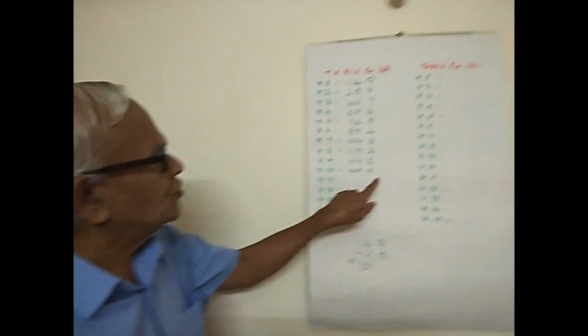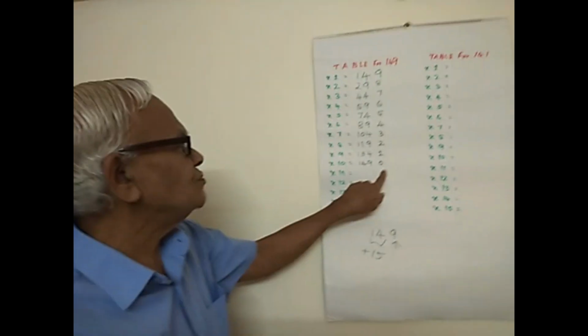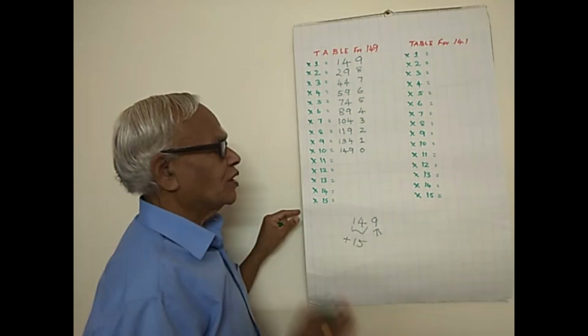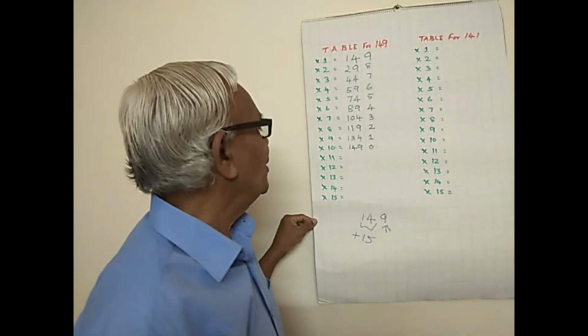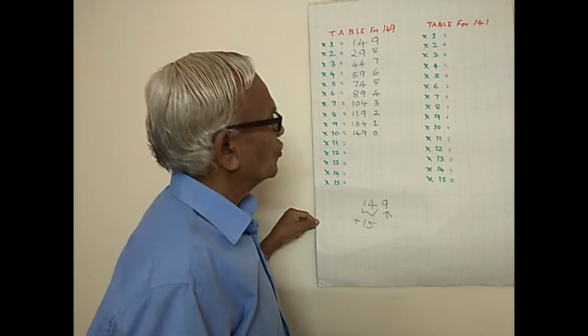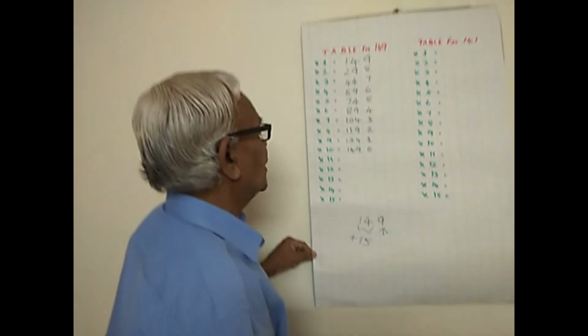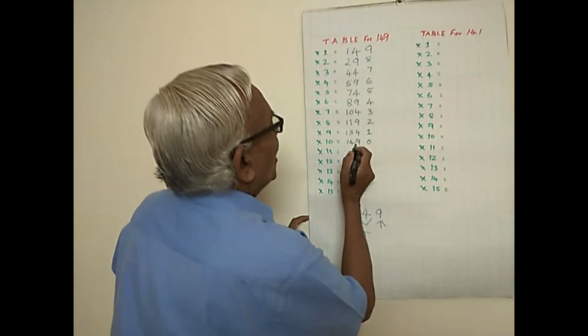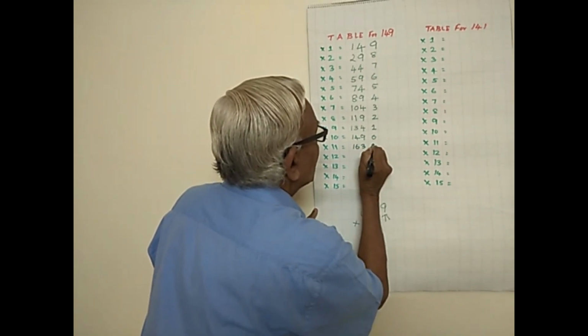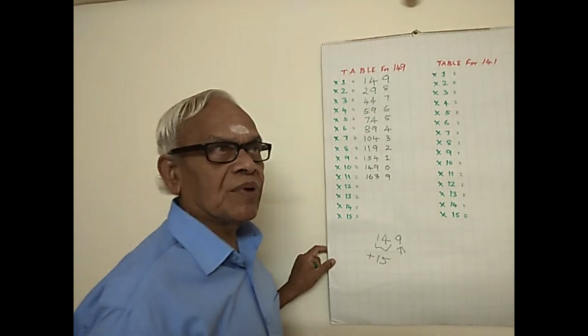Now what am I going to do for multiplying by 11? As I told you earlier, if I add 15 here, it becomes 164. But I need to subtract 1 there. So I will add only 14, giving 163, with unit digit 9.